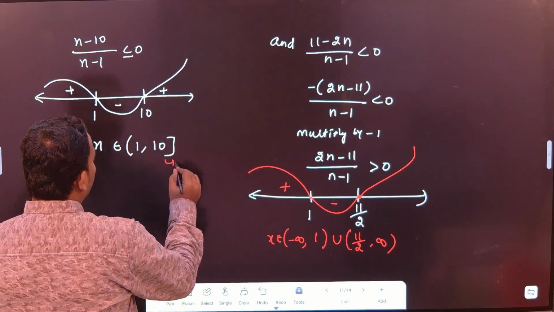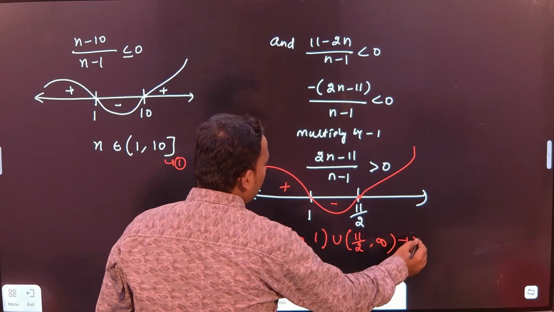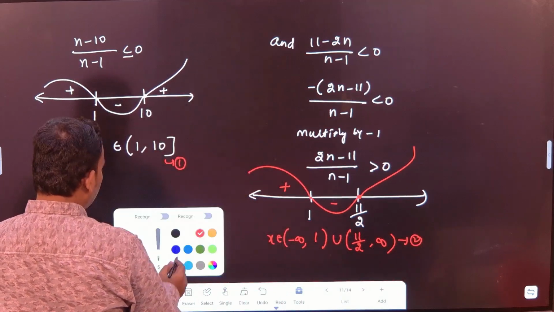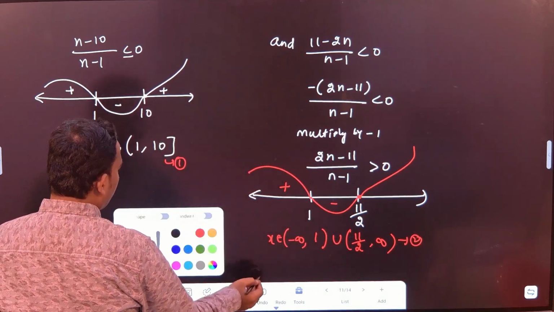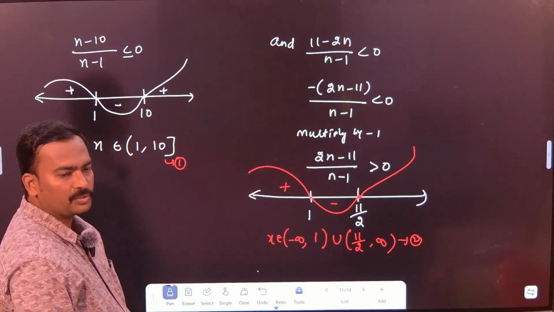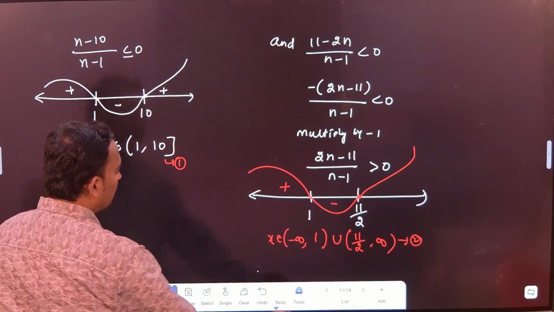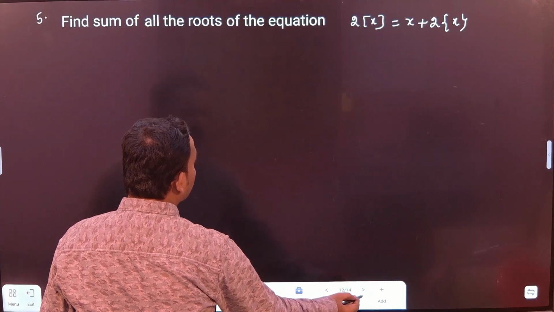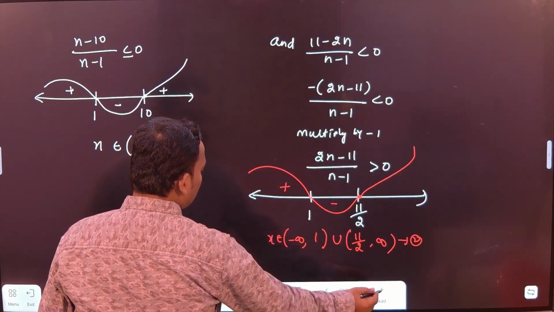So let's take this as 1 here and this as 2, right? We need to take the intersection of these two, so we can find the n values. Let me take another page.